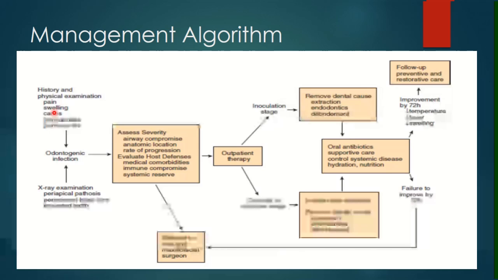And then we go to the intraoral examination, checking for any caries, periodontitis, pericoronitis, and then take the x-ray. Combining all of these things together, we achieve the right way to assess the severity of the abscess.